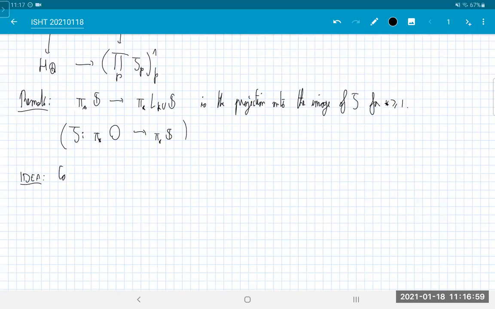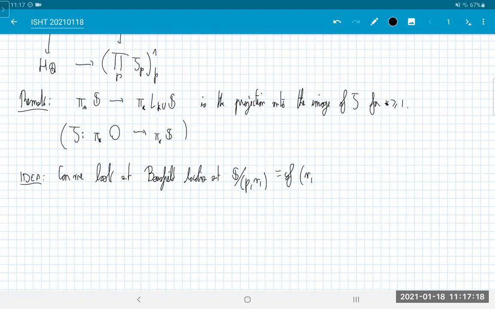But can we look at Bousfield localization at S mod p, v_1, by which I mean the cofiber of v_1?